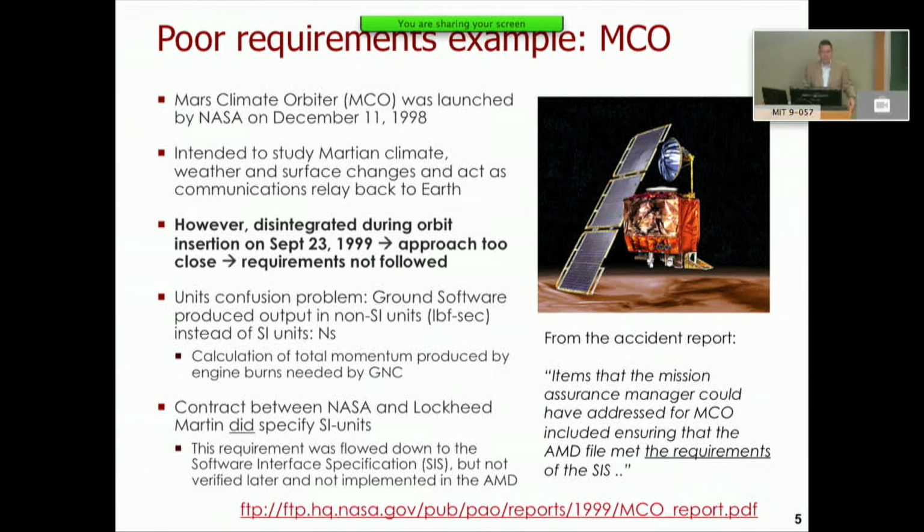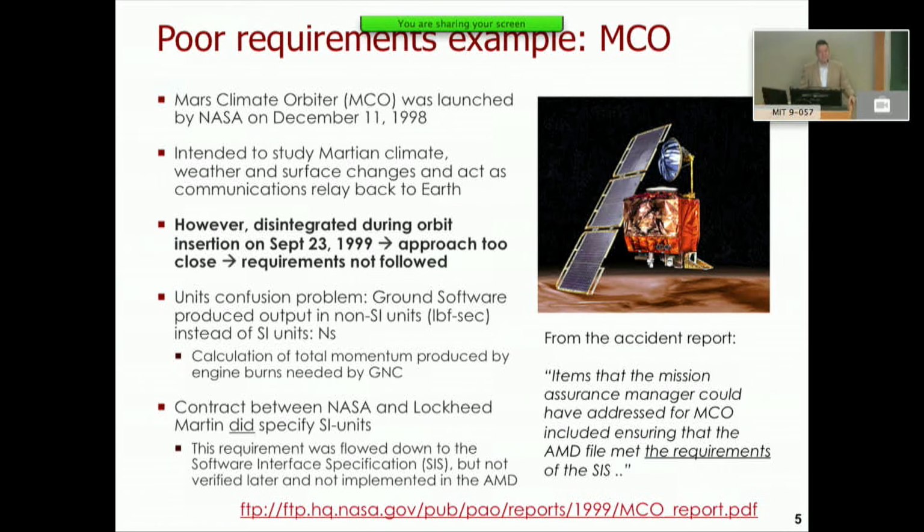Both failed. And unfortunately, MCO burned up. We think contact was lost with the spacecraft after it basically entered the Martian atmosphere, and nothing. There was no more communication, so we don't know for sure.